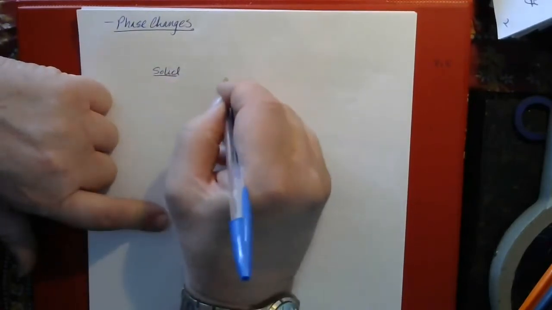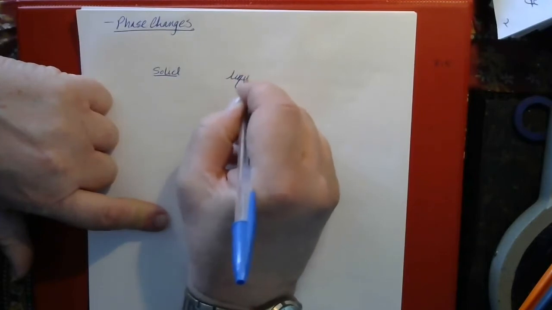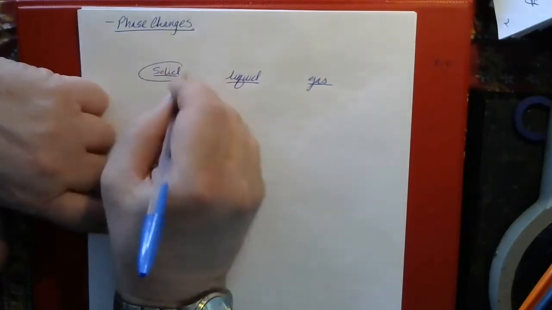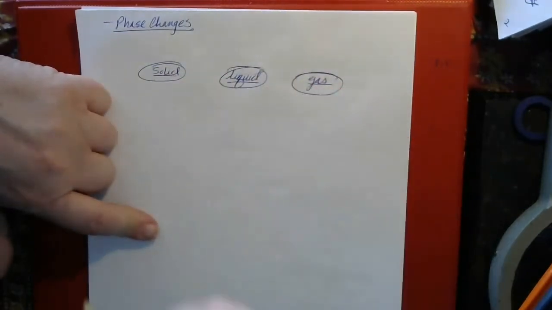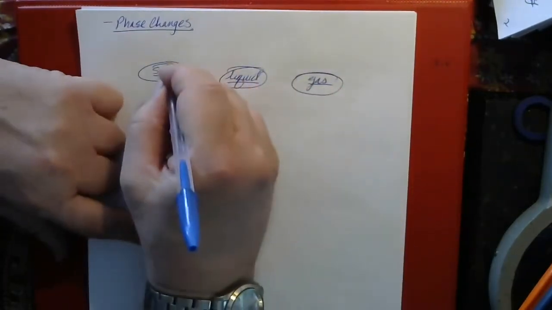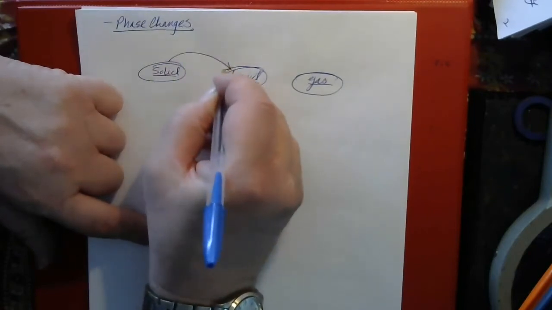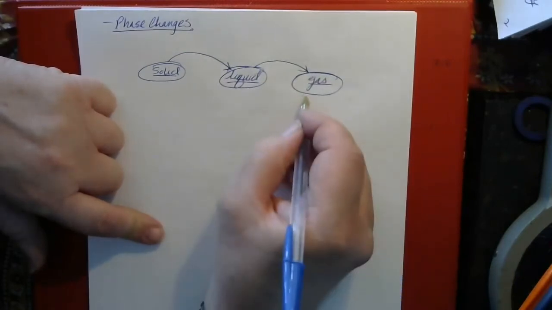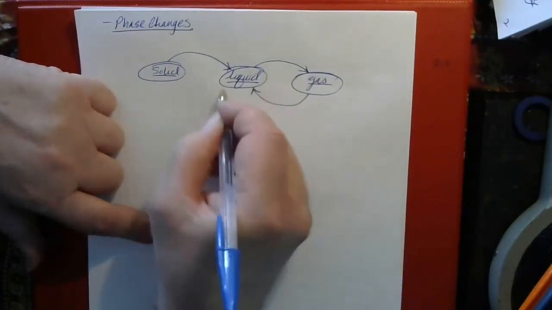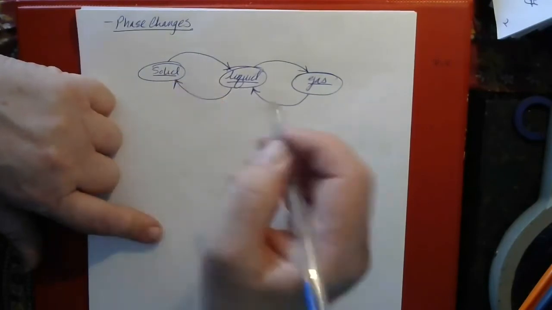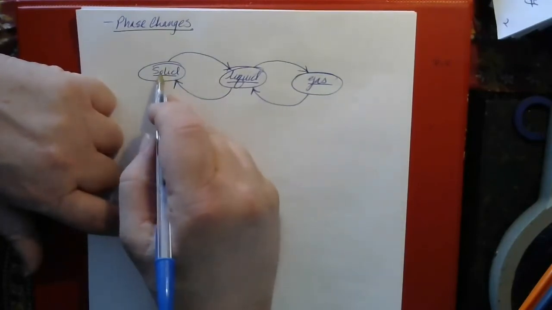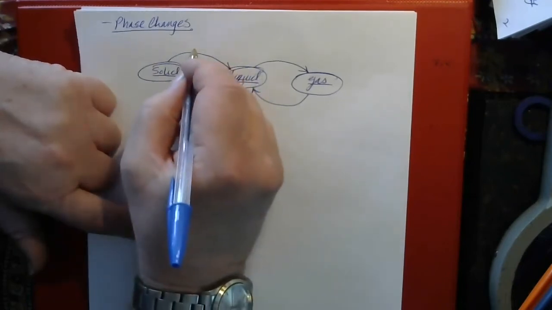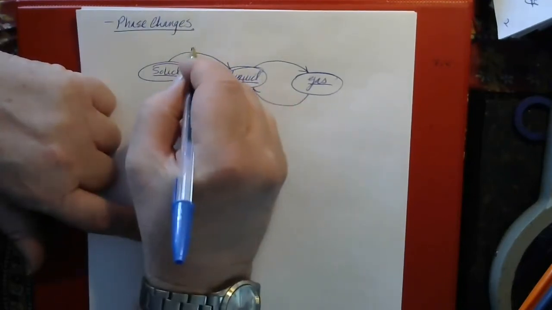So we've got solid and liquid and gas as the 3 phases of matter. And there are processes that will take you from one phase to another in both directions. So there are processes that, for instance, will take you from solid to liquid, and that would be known as melting.